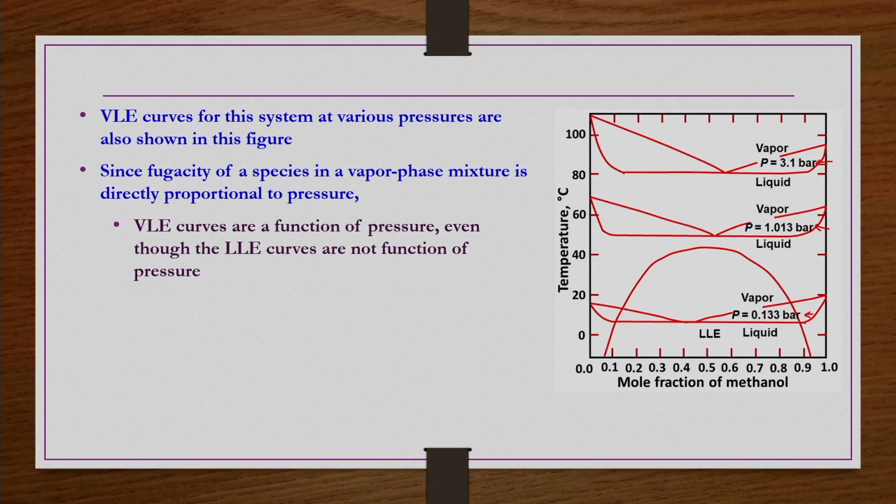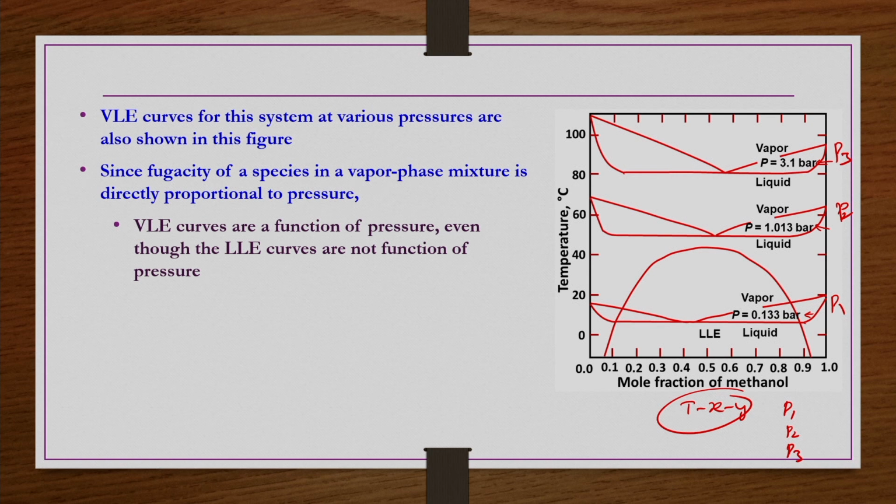That is the reason we have different VLE curves if you change the pressure. Though it is a TXY curve, it is at different pressures P1, P2, P3. P1 has this behavior, P2 has this behavior, P3 has this behavior. Shape-wise the phase diagrams look similar, but composition and temperature wise they are very different from one another. Whereas for LLE we have only one curve at all the pressures, because it is independent of pressure.